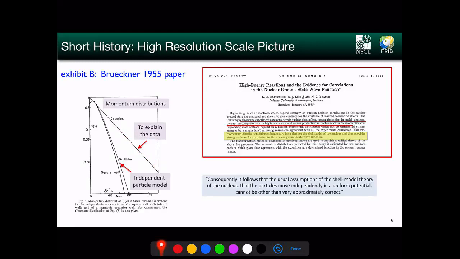And so here's a nice quote directly from the paper, basically saying that at least if you look at these types of hard processes, the usual assumptions of the shell model are insufficient to describe the data.